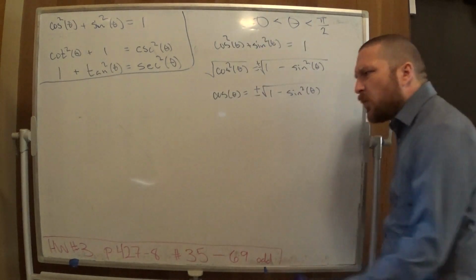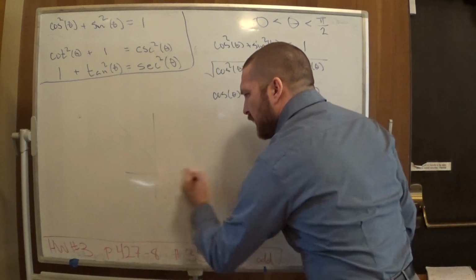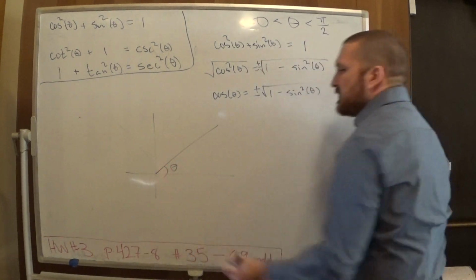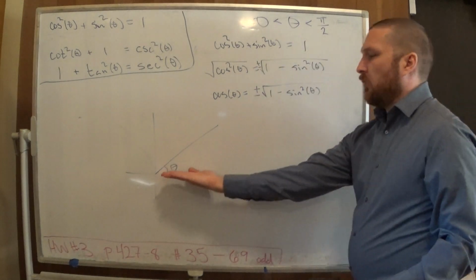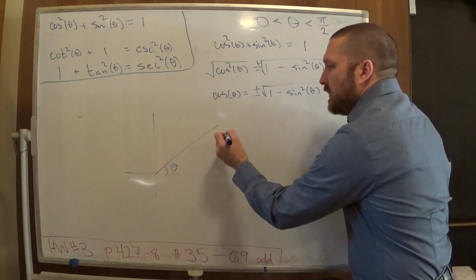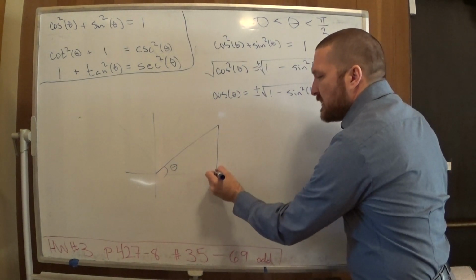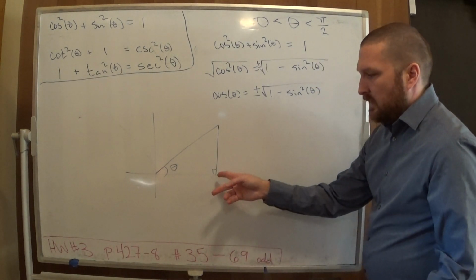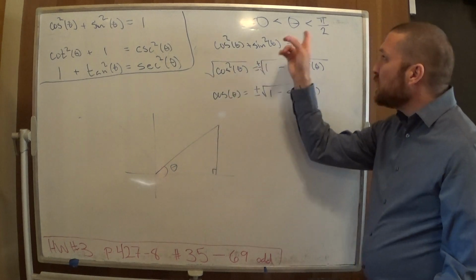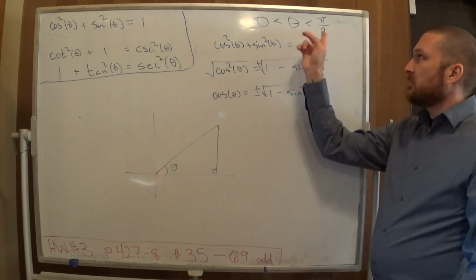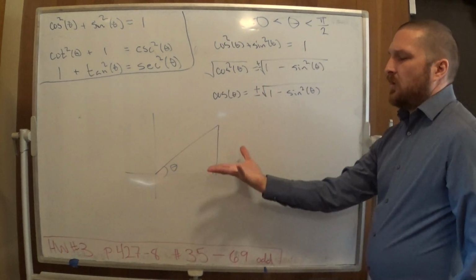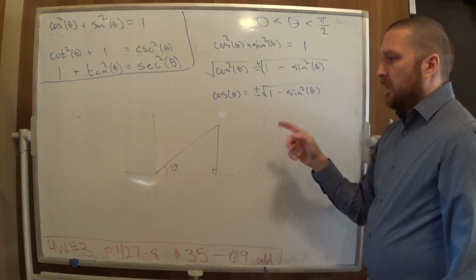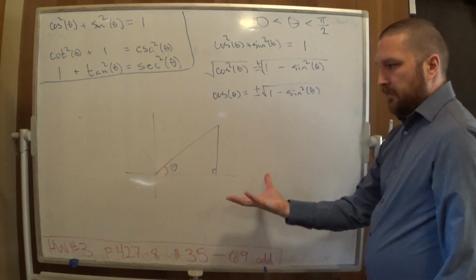And if you're in the first quadrant, in other words, theta is some angle between 0 and pi over 2. It's a fancy way of saying you have a right triangle, and that's an acute angle. It's less than 90 or less than pi over 2. And so, everything we're talking about here, all of the values are positive.